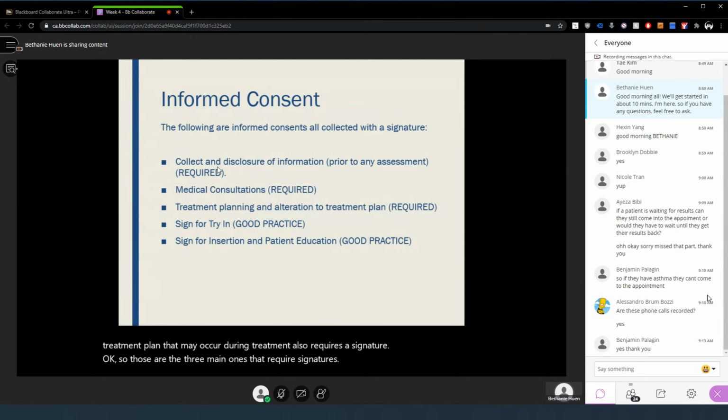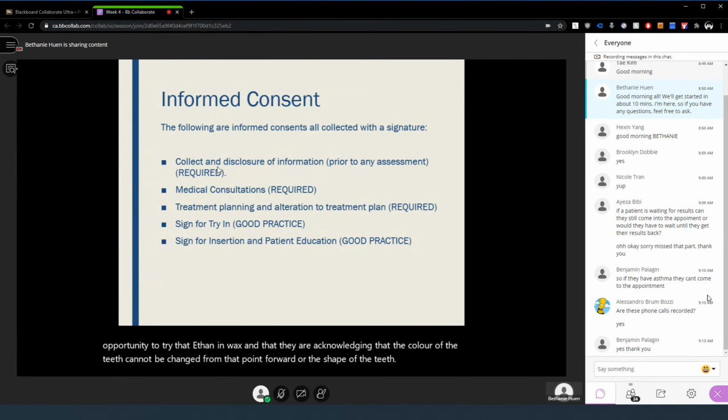The other two that are considered to be good practice but are not required would be to sign for the try-in. So the patient would sign for the try-in, basically acknowledging that they've had an opportunity to try the teeth in wax, and that they are acknowledging that the color of the teeth cannot be changed from that point forward, or the shape of the teeth.